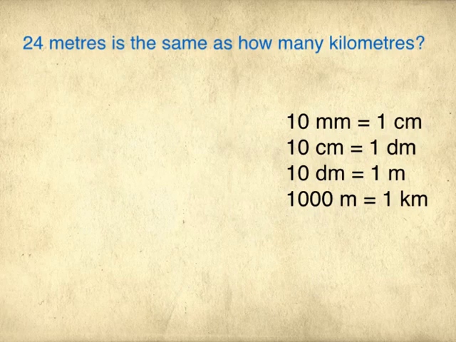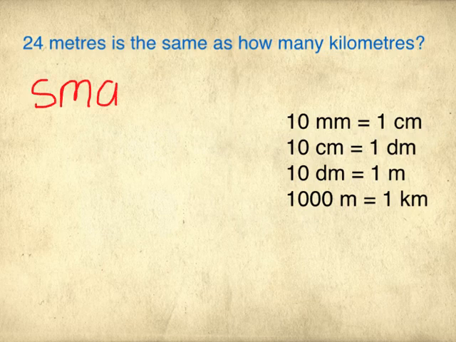Let's do another example. So, in this question, it asks that 24 meters is the same as how many kilometers? Now, once again, the first step is we have to notice that we're going from a smaller unit to a larger unit.